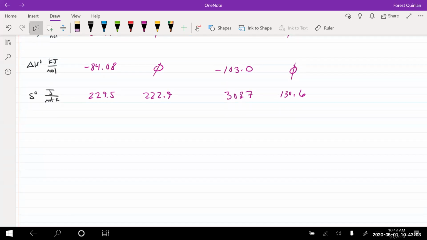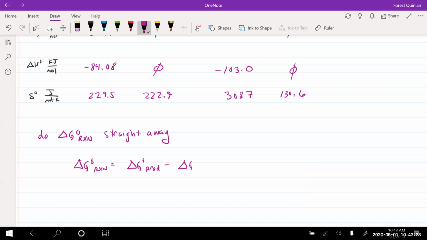Now, if I were to do the delta G's straight away, do delta G naught of this reaction straight away. Of course, we know that delta G naught, just like everything else, is equal to the delta G naught of the products minus the delta G naught of the reactants.